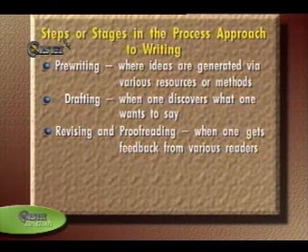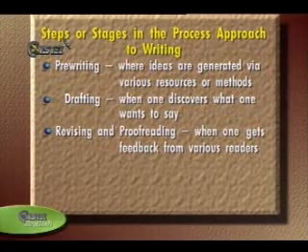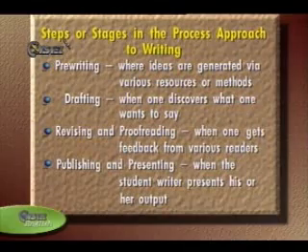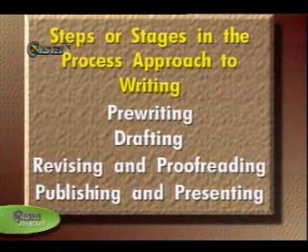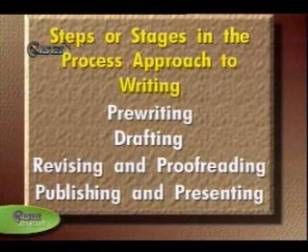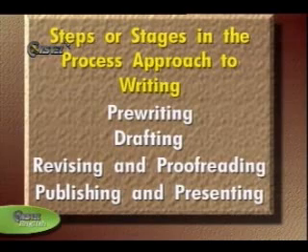Revising and proofreading, getting feedback from various readers between revisions, writing again, and finally, publishing and presenting the output. Now, will you tell me again the four basic steps or stages in the process approach to writing? They are pre-writing, drafting, revising and proofreading, and publishing and presenting.